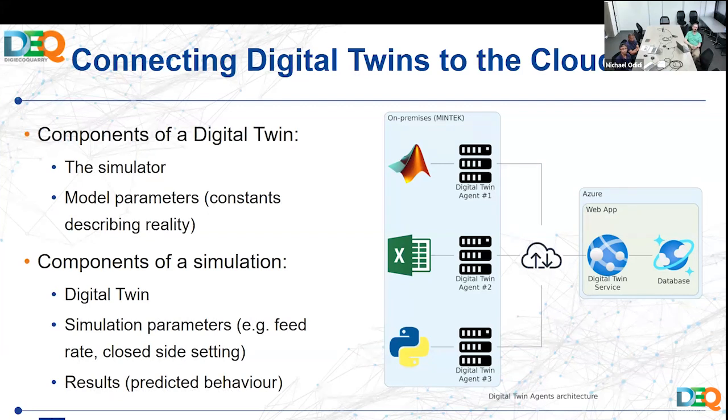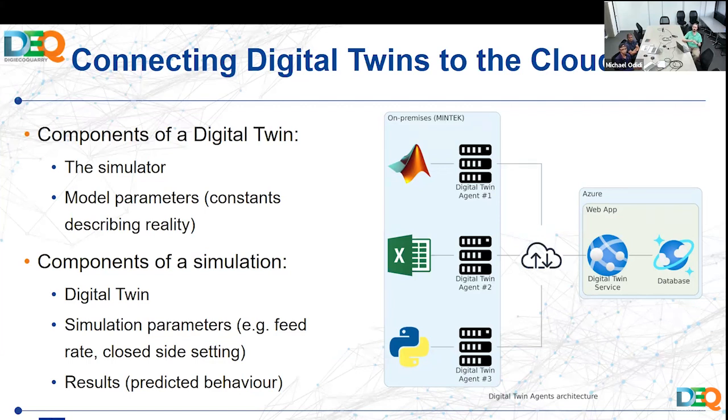So I've talked a bit about the components, but just some of the things that we're storing is model parameters. So these are, for example, K, N1, N2, bond work index, so crushability index, so all of those physical parameters that describe the ore. That makes up your digital twin, but then to run a simulation, you have parameters like the feed rate, the closed side settings.